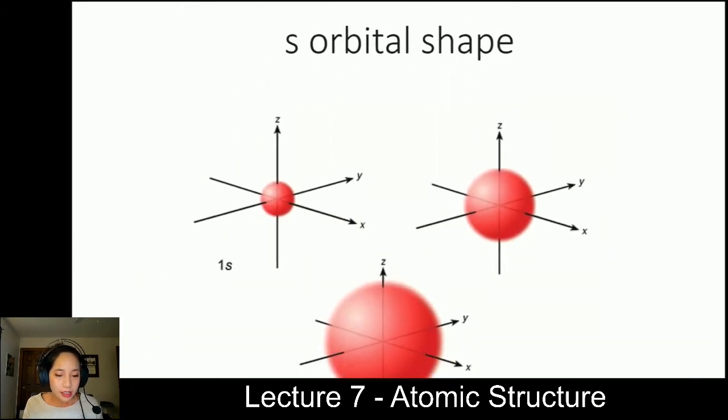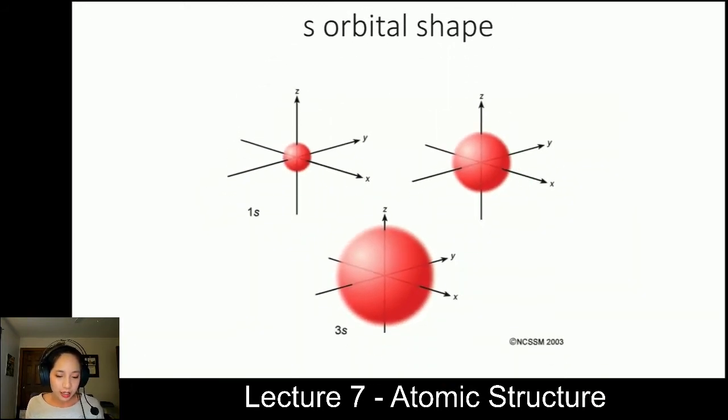Our s orbital shape is just round. It's just a sphere. You can see here that I have a 1s, this is a 2s, and then we have the 3s. In terms of volume or size, our 1s is the smallest, while 2s is larger, and 3s is the largest. What I mean by 1s is an n equals 1 energy level or shell with an s subshell.